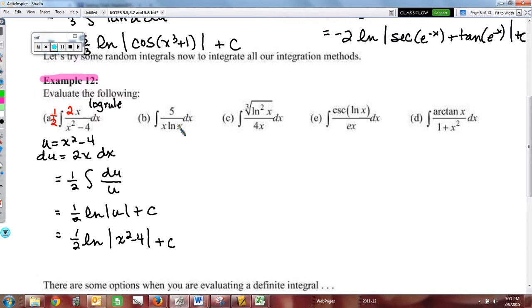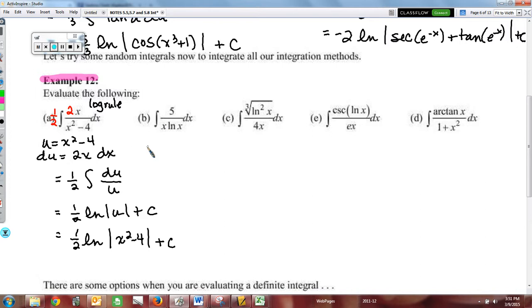Now take a look at B. You're trying to look for a way to manipulate this, and when we're doing the log rule in section 5.7, most of the time you're looking to make your u substitution the denominator.